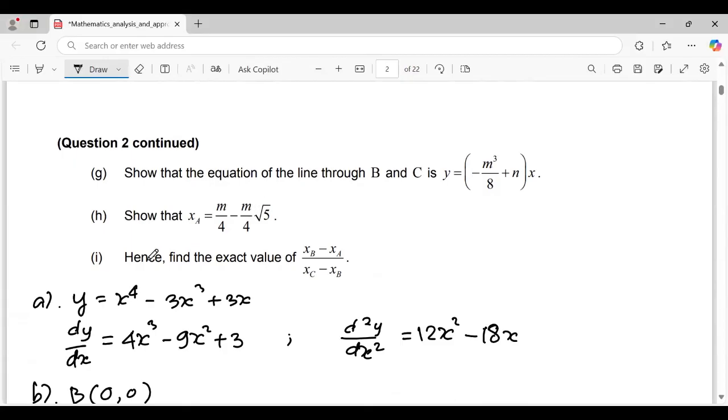Now I hence find the exact value of xb minus xa over xc minus xb.